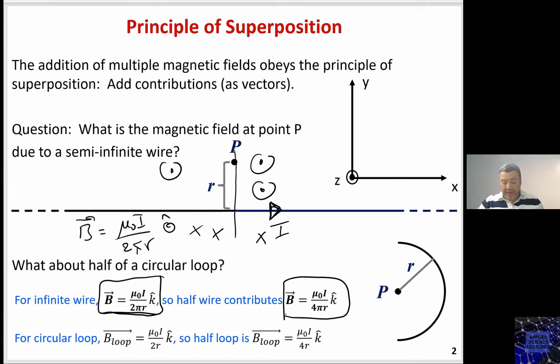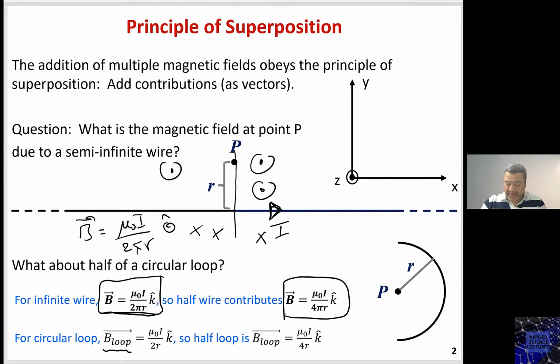Now, if we look at half a loop, remember we derived the expression for the loop, and if we assume that the loop exists in the xy plane, then the magnetic field at the center of this loop would be given by B loop vector equals mu naught I divided by 2r.